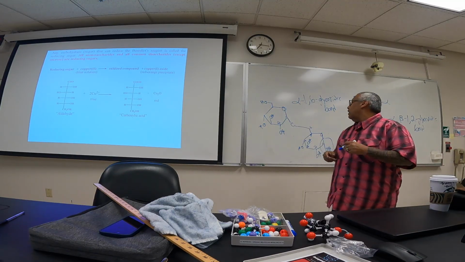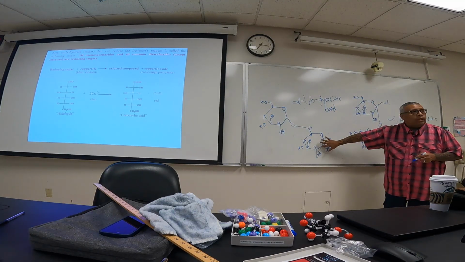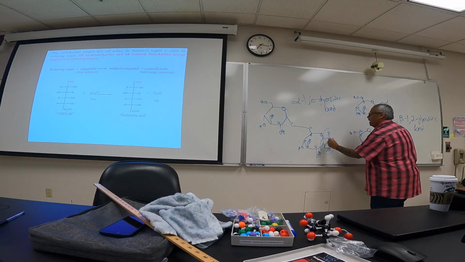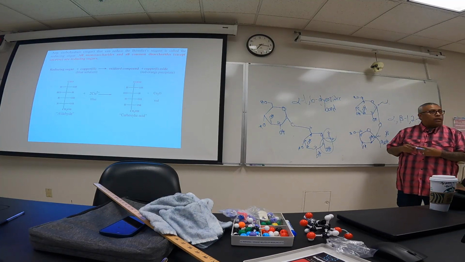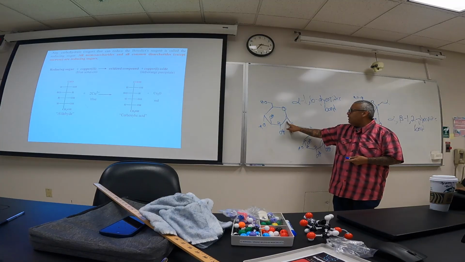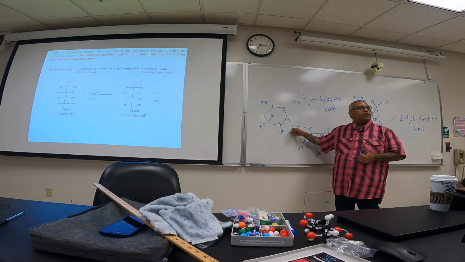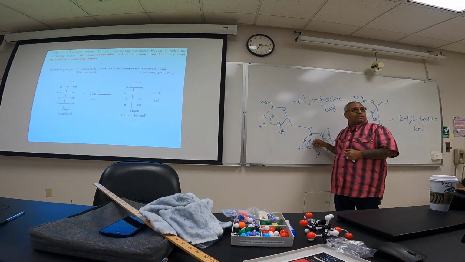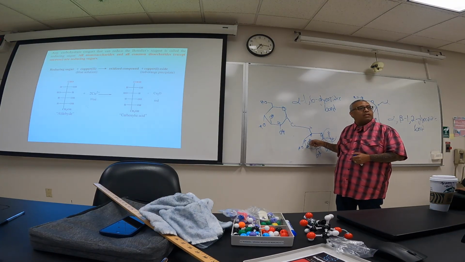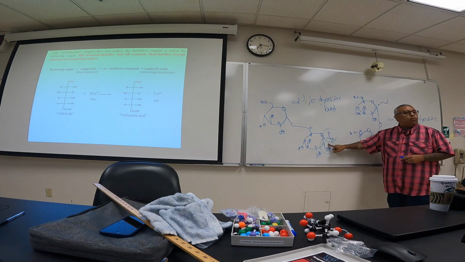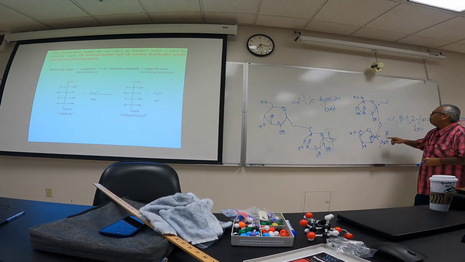So here, this can open up. It can turn into this aldehyde structure, and we can oxidize it. This, we can't. This is not going to turn into an aldehyde because it's connected to this one here. It's not going to oxidize. It's going to remain as it is, but this portion here can be oxidized.